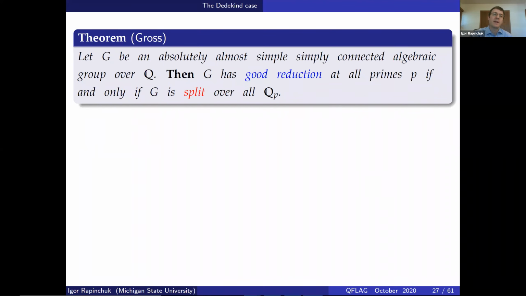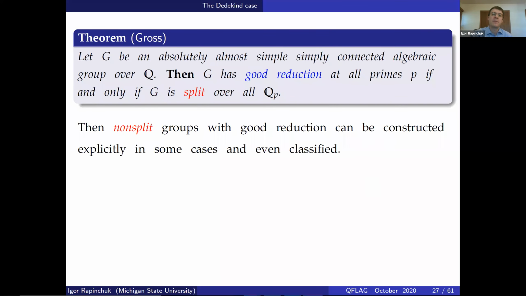With this result in mind, Gross was able to construct examples of non-split groups having good reduction in certain situations, and even in some cases completely classify such groups.